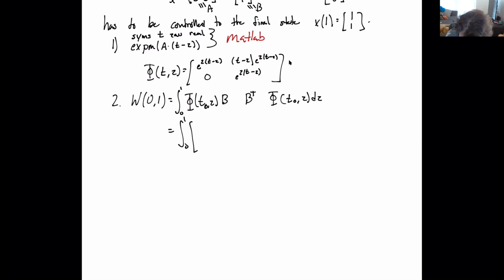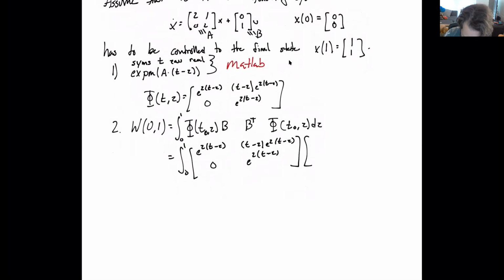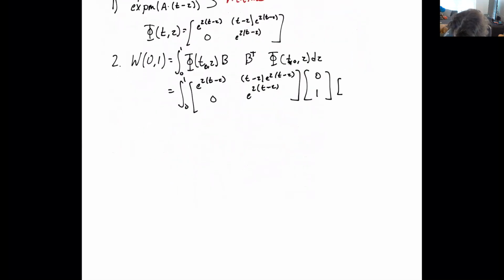So from 0 to 1, we have the state transition matrix, just rewriting the matrix here: e squared t minus tau, t minus tau, e squared t minus tau, 0, e to the power of 2 t minus tau. And then B is equal to [0; 1], and we have [0, 1] transposed. And then the rest is written down here, with that transposed. Great.